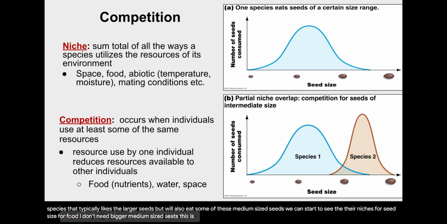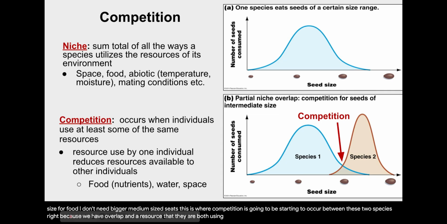This is where competition is going to be starting to occur between these two species, right, because we have overlap in a resource that they are both using. All right, so if we're using the same resource, there's going to be some sort of competition.